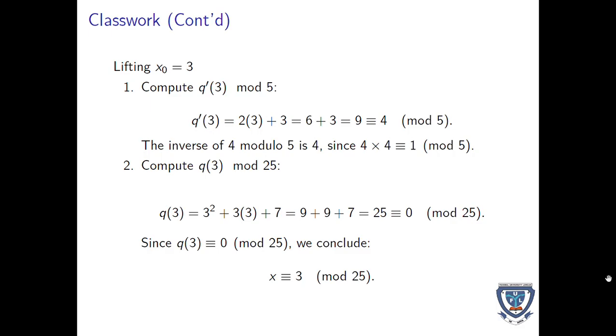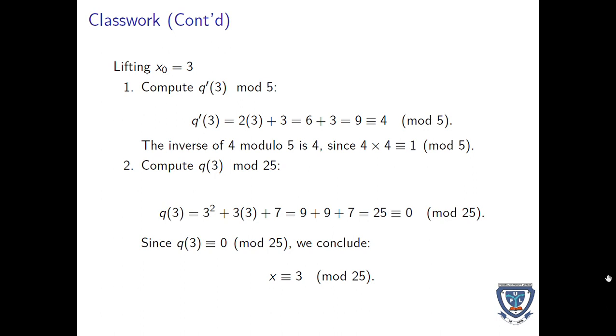Now, we are computing the derivative at point 3, mod 5. You're going to have 9, and that 9 is actually 4 mod 5. And the inverse of 4 modulo 5 is 4, which can also be written as -1 modulo 5.